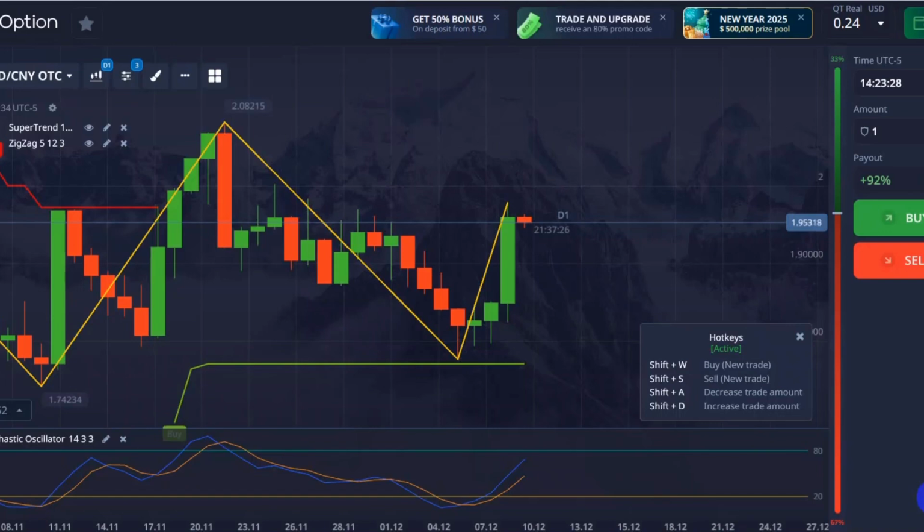And the way that you know who's going to win is on the daily chart. The daily candle is going to tell you.